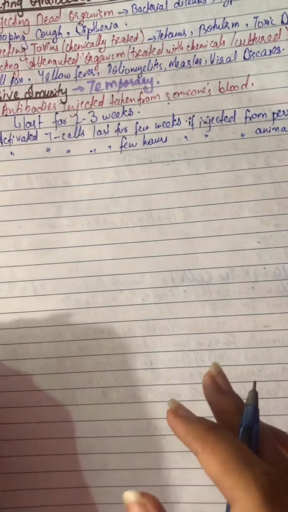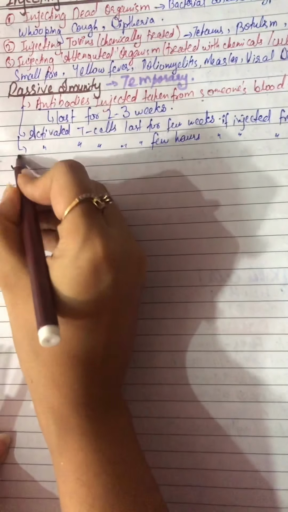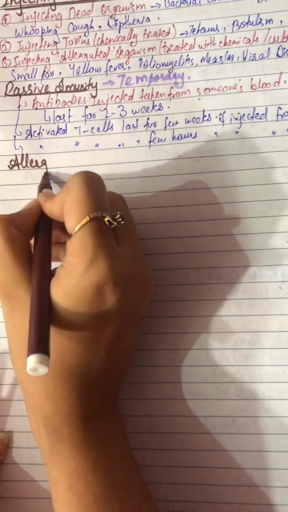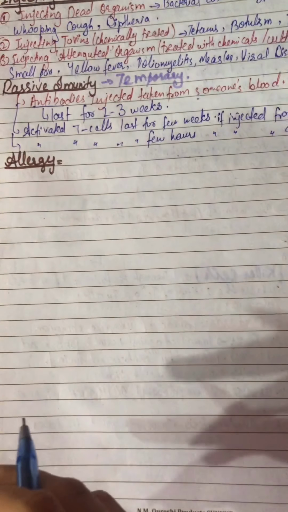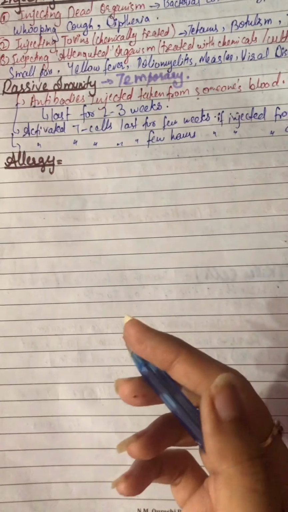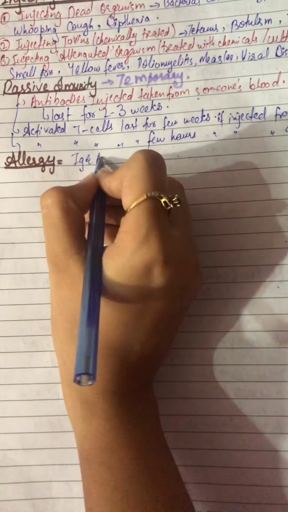Now let's discuss what is allergy. Basically, the allergy is a reaction caused by allergens, right? And in this, the IgE antibodies number increases.